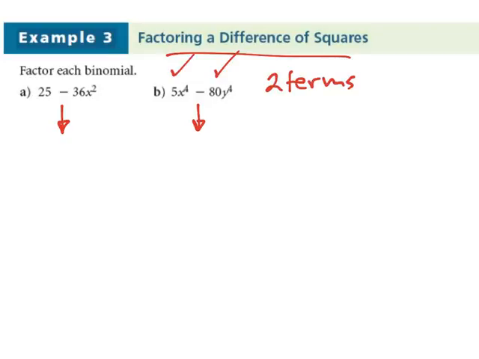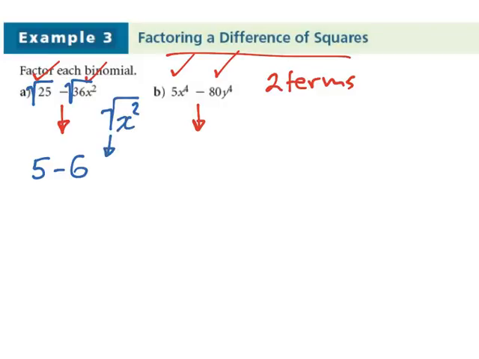We have difference, and now we're looking for, is it a perfect square? Are you able to do a perfect square of this? Well, the square root of 25 is 5, and the square root of 36 is 6. And the square root of x squared is just x.